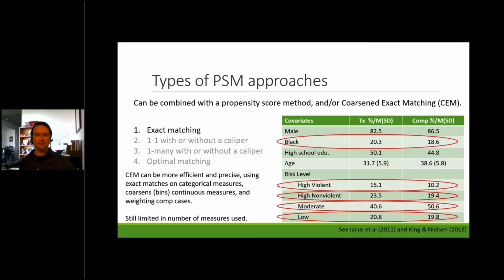Other times, I have seen it dramatically reduce the number of people or cases that you're actually comparing. So it really cuts down and trims out a lot of cases. And at the same time, you can only use so many measures within that context. Plus, if you're using multiple measures, you still want to check the balance on all those other measures that didn't make it into the CEM.